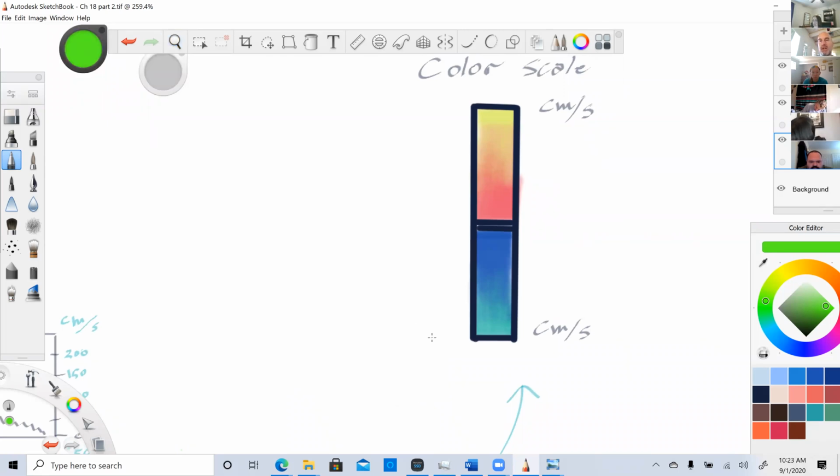So the color scale is in centimeters per second. When you guys are doing your carotids, I think a good overall scale might be 18.